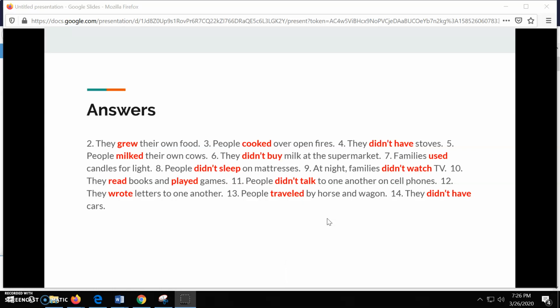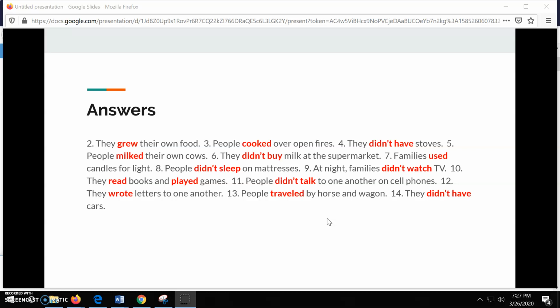Number 2, they grew their own food. 3, people cooked over open fires. 4, they didn't have stoves. 5, people milked their own cows. 6, they didn't buy milk at the supermarket. 7, families used candles for light. 8, people didn't sleep on mattresses. 9, at night, families didn't watch TV.